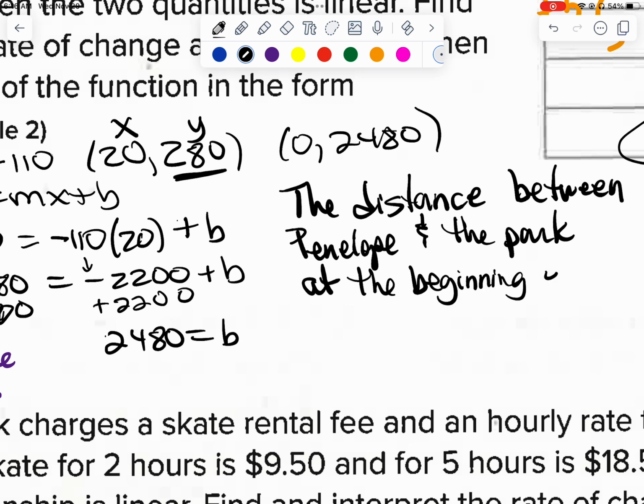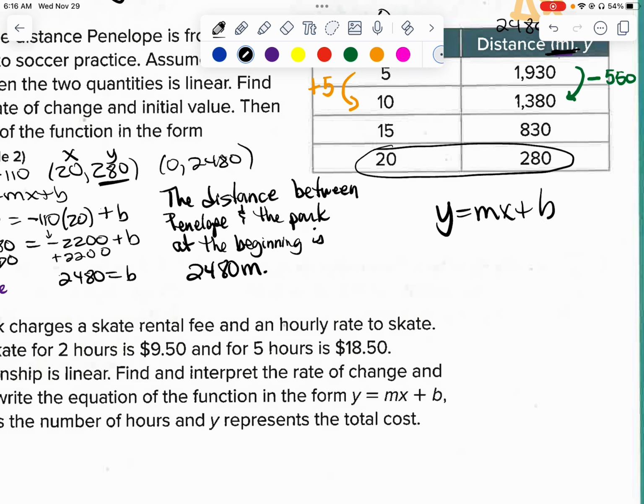It is 2,480 meters. And then I write my equation of the line. y equals mx plus b, and I'm replacing the m with negative 110 x, and replacing the b with 2,480. I don't know why I put a period at the end of an equation.